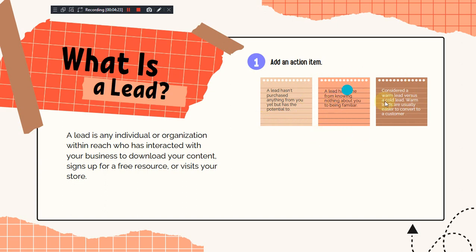They're also someone who went from knowing absolutely nothing about you to being someone who is now familiar with your business, and they know a little bit more about you than they did when they initially landed on your content. They're also considered a warm lead. You may have heard the term cold prospecting versus having warm leads. When you have a cold prospect, that means that person knows absolutely nothing about you.